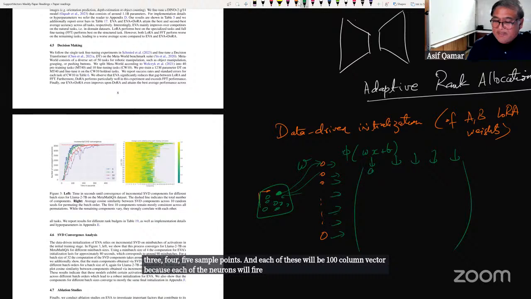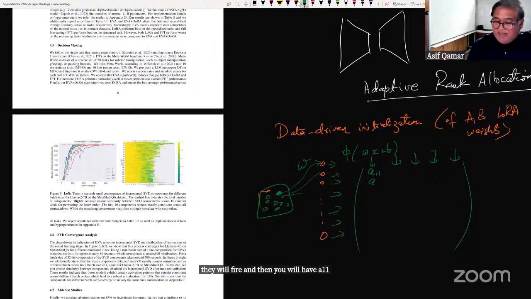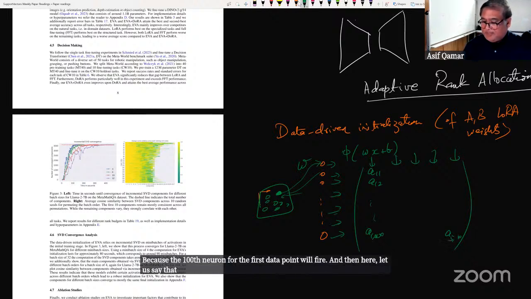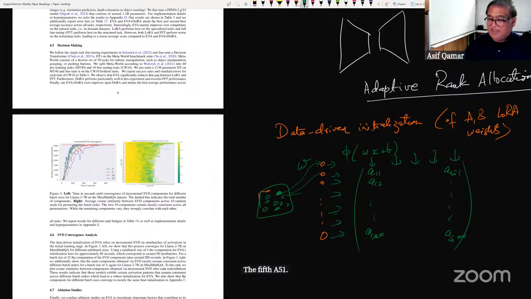They will fire, and then you will have A11, A12, A100, because the 100th neuron for the first data point will fire. And then here, let us say that you gave 5 data points, the 5th A51, etc. So you'll end up with an activation matrix, a matrix of activations.